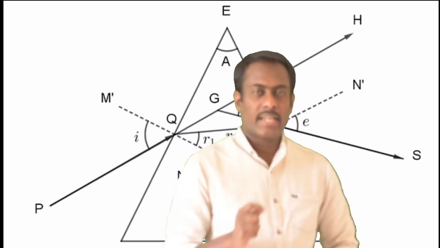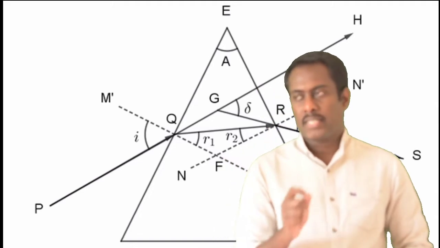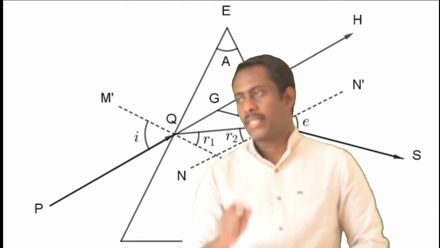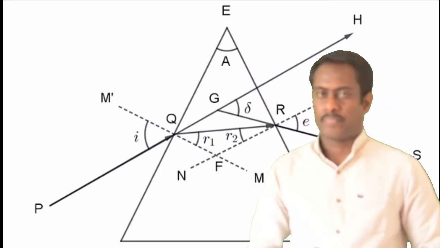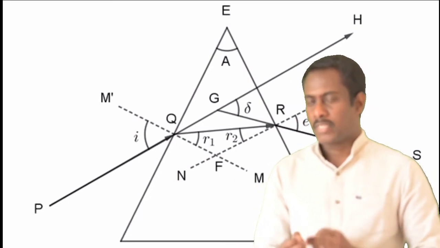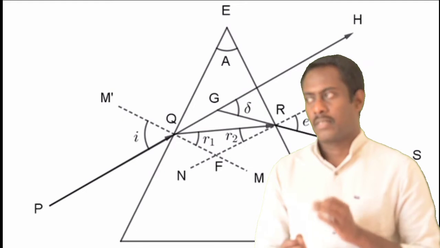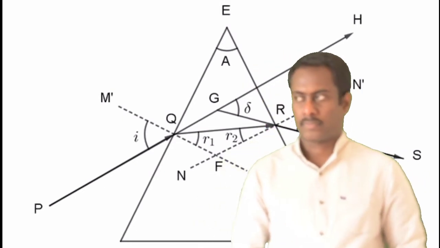When we consider a ray of light entering from the optically rarer medium, that is from the air, into the glass prism, the density of the glass prism is higher than the density of the air.